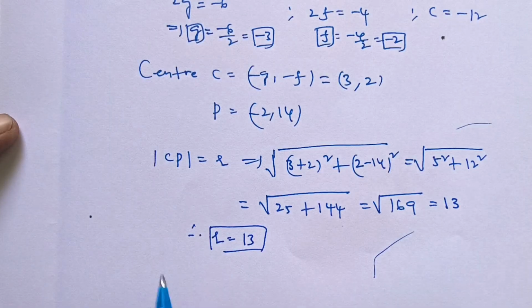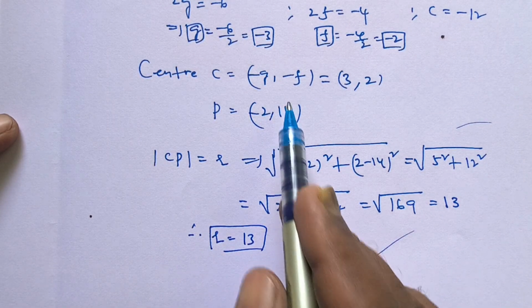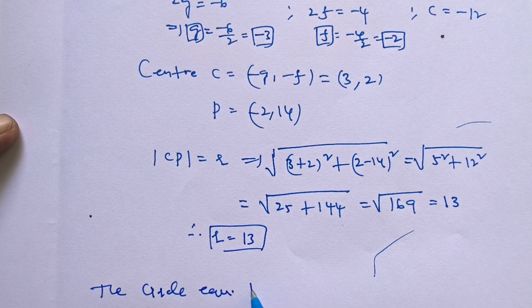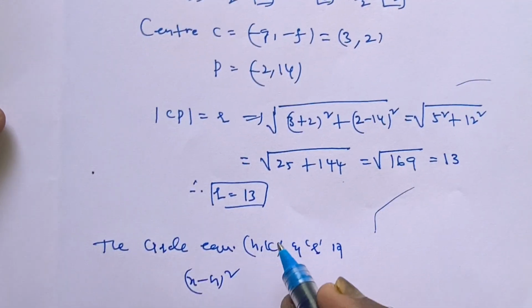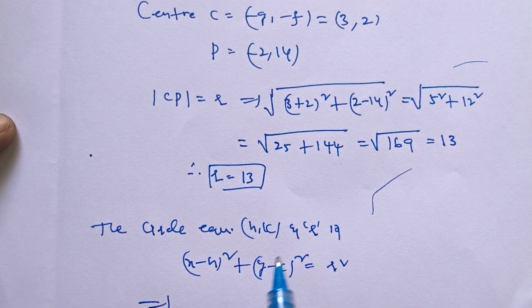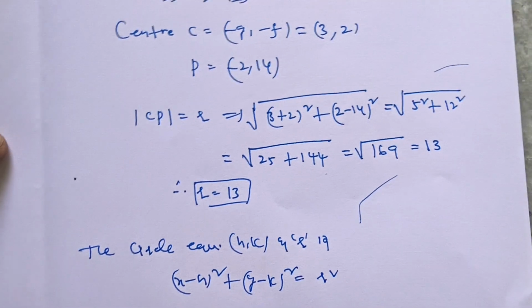Now we can easily write the circle equation with the center and radius. The circle equation with center h comma k and radius r is x minus h whole square plus y minus k whole square equals r square. Substitute the h comma k values and the r value in this equation.